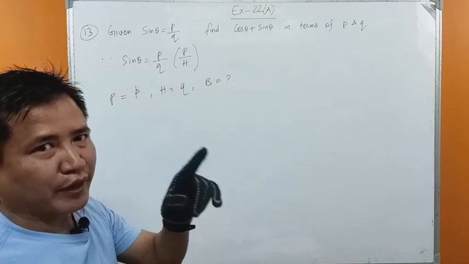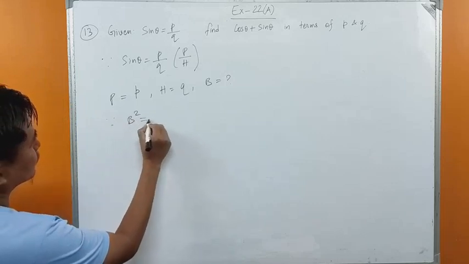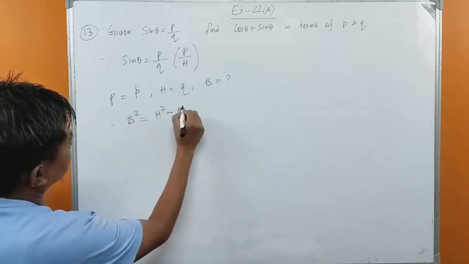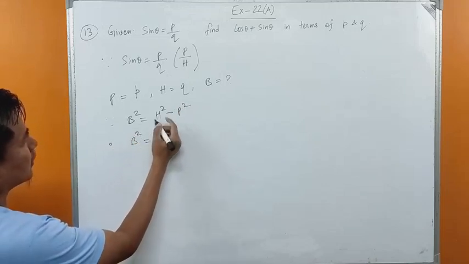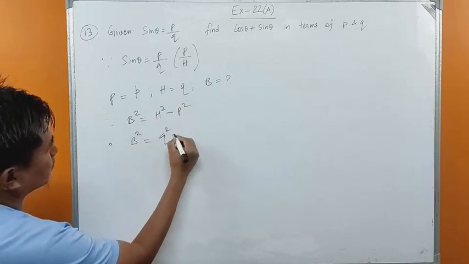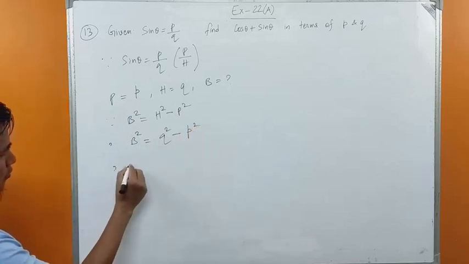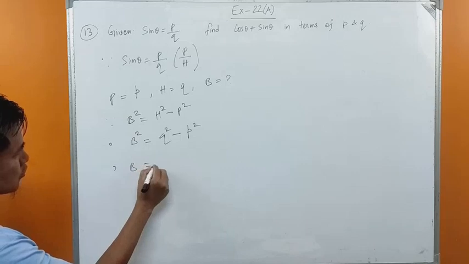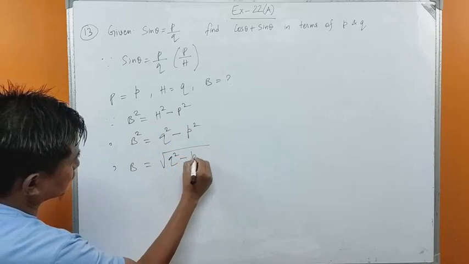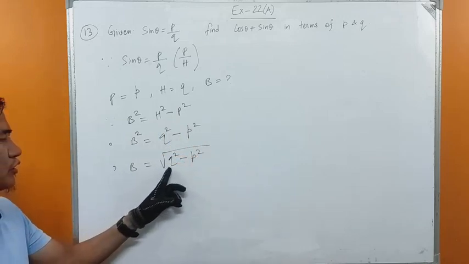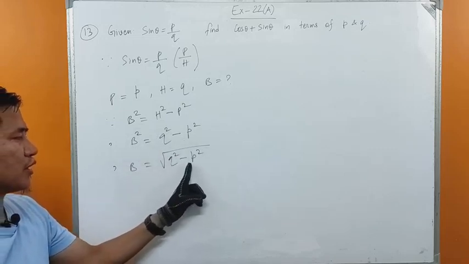Now let us apply the Pythagoras theorem to find the value of base. Base square equals hypotenuse square minus perpendicular square. H is Q and P is P, so b square equals Q square minus P square. We take this square to the right hand side and it becomes root, so b equals root under Q square minus P square.